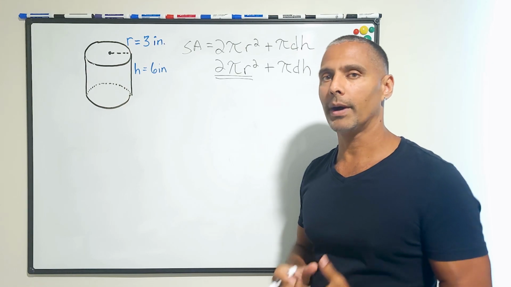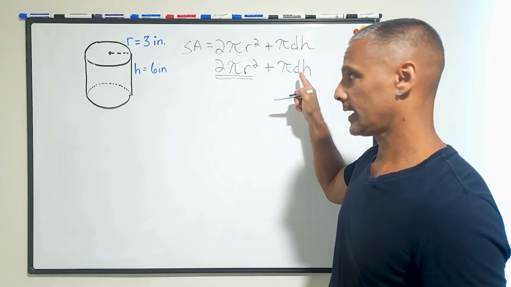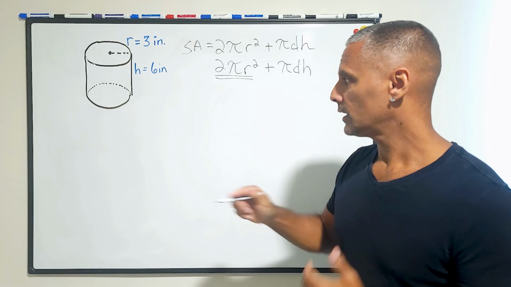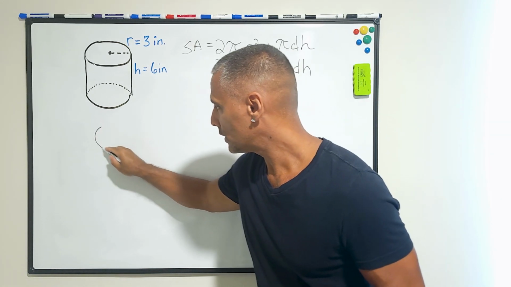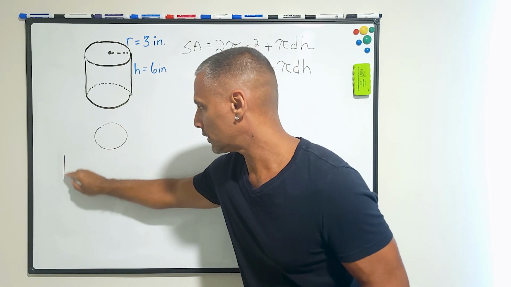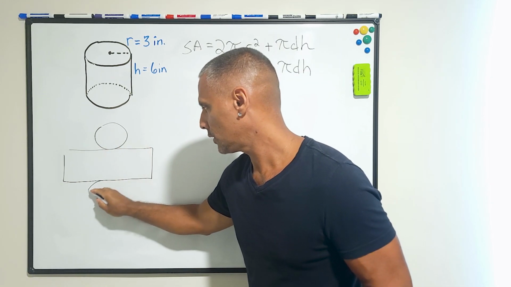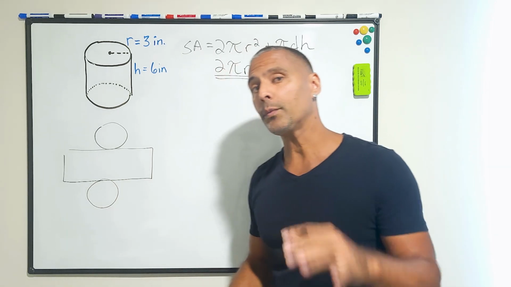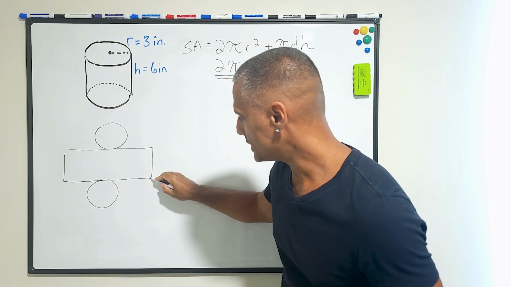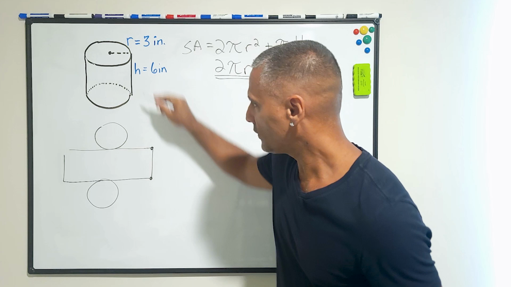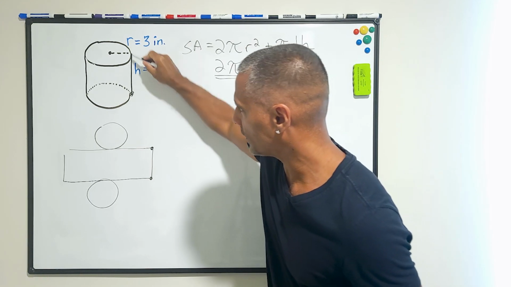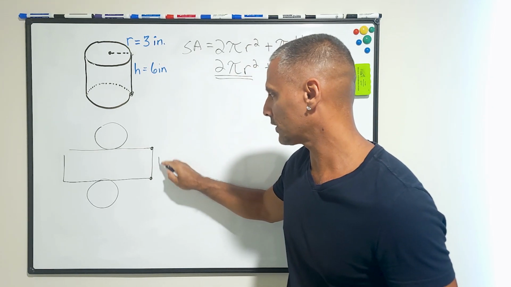Now, let's talk about why we use pi times diameter times the height of the cylinder. If we were to break apart our cylinder into a two-dimensional view, or draw the net of our cylinder, we should notice a couple of things. One thing is that the distance from here to here is the same as the distance from here to here, which is the height of our cylinder.